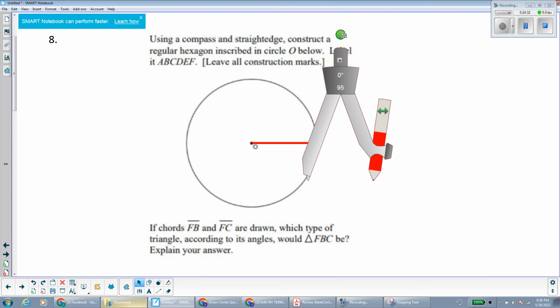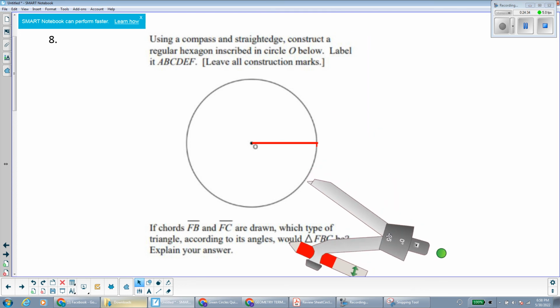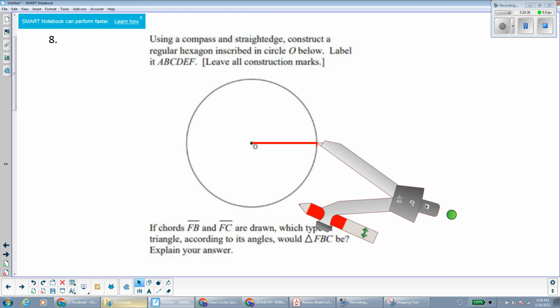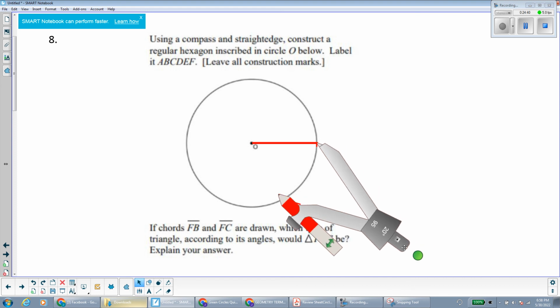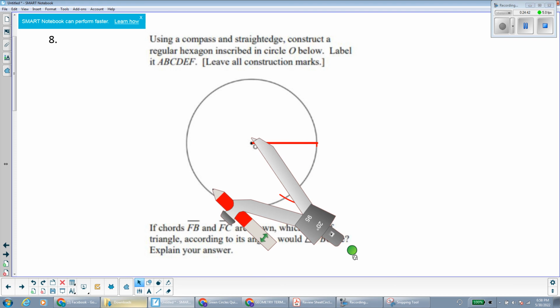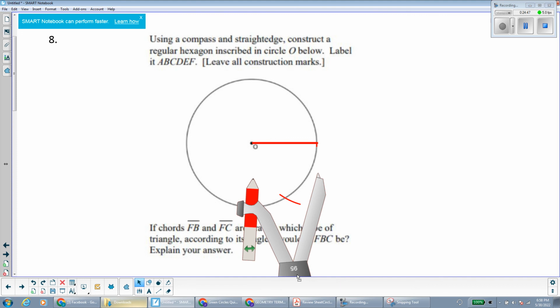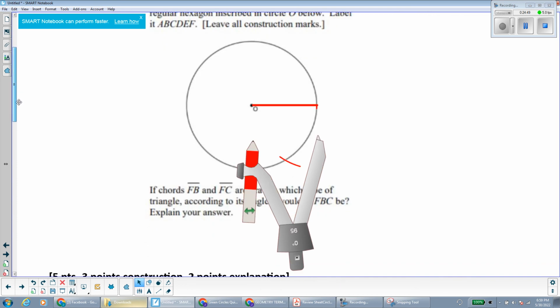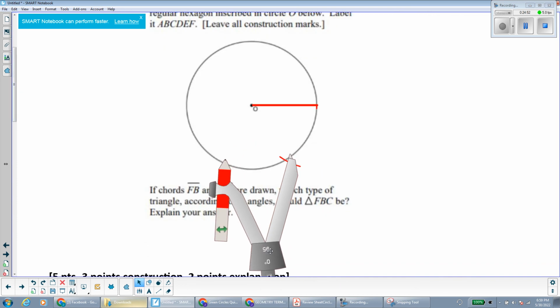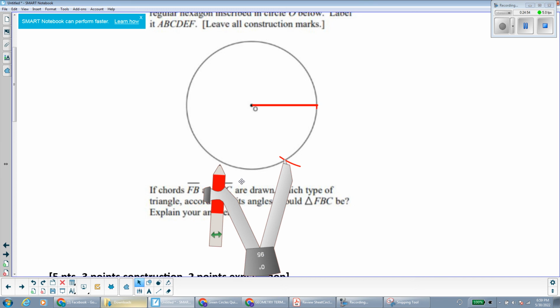Okay, without changing how far my compass is open, I'm going to go to that point and make an arc. Then I'm going to pick up and move without changing the radius of my compass. Let me get some more space here. Okay, that looks about right.